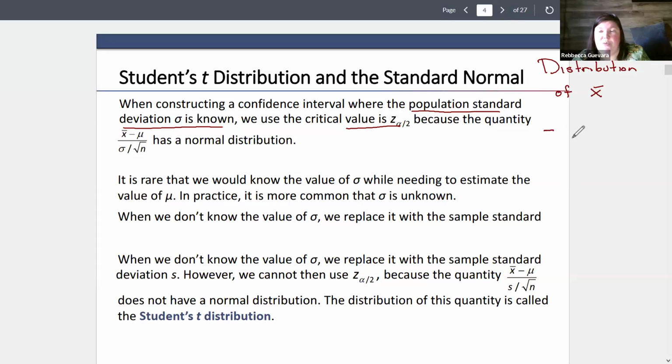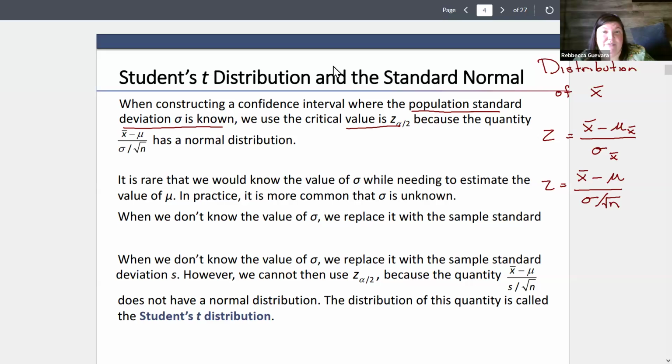So when we find that z-score, we're looking at x bar minus the mean of all my x bars, divided by the standard deviation of all my x bars. The mean of your means is equal to your population mean. The standard deviation of all your means is the standard deviation of the population divided by the square root of the sample size.